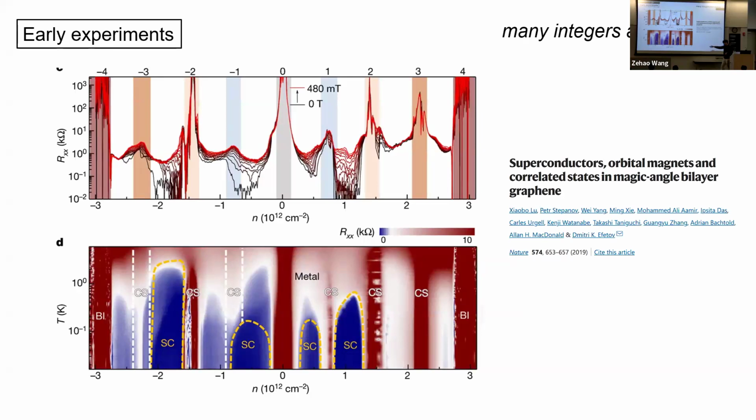So basically anywhere along the density axis between minus 4 and 4, you could find correlated behavior. But this is also an early indication that different samples seem to be doing different things. Excuse me, what does CS mean? Oh, correlated state. You mean this thing? Yes. I think it just refers to an insulating feature, a peak.